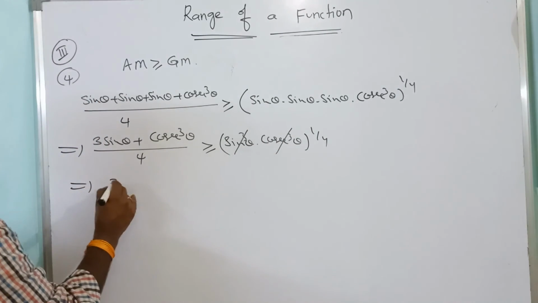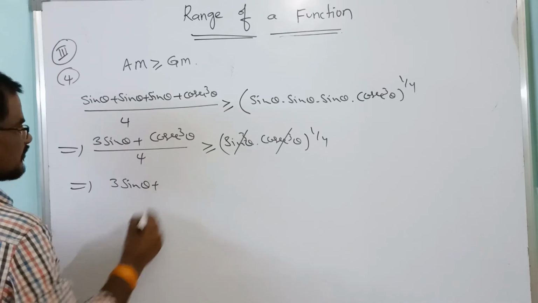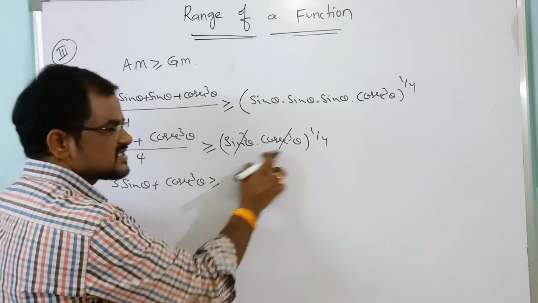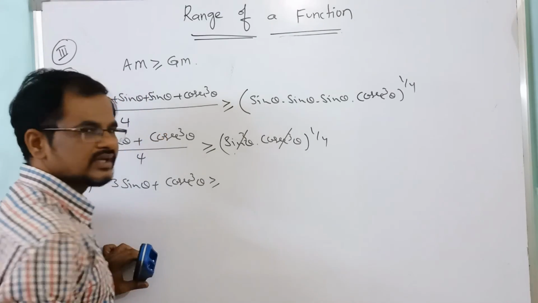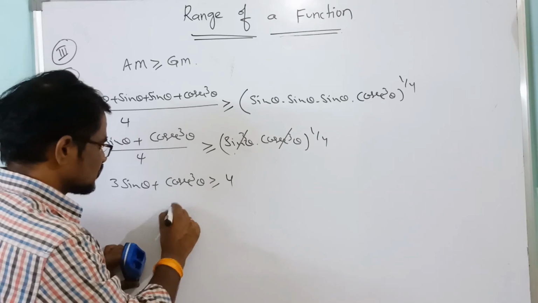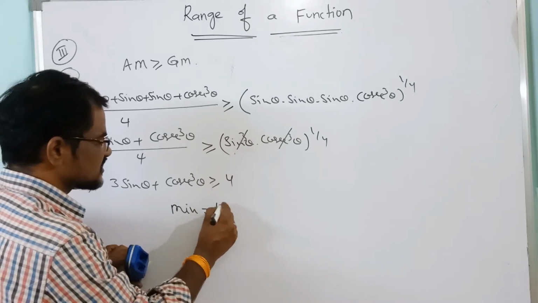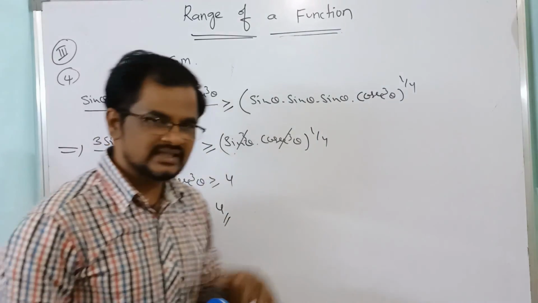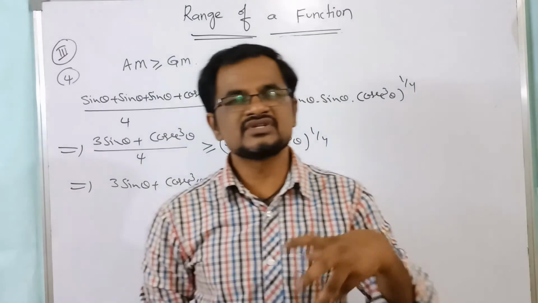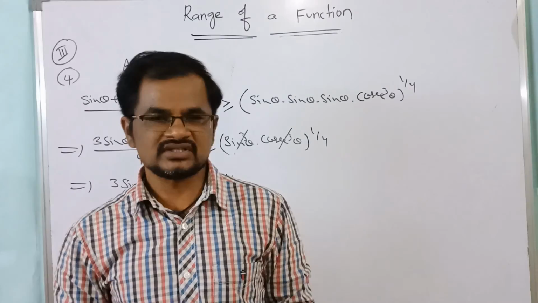That implies 3 sin theta plus cosecant cube theta is greater than or equal to, this is 1 you will get, and now greater than or equal to 4. So the minimum value of this function is 4. Okay. So like this, these types of problems, functions involving trigonometric functions, we do.